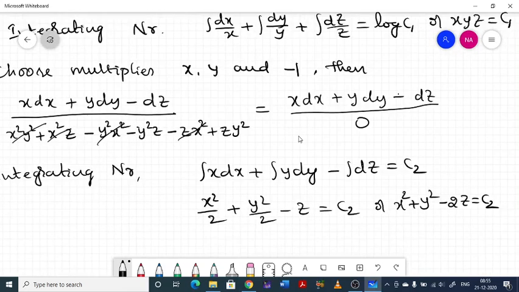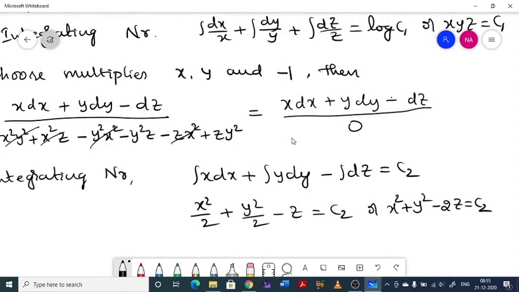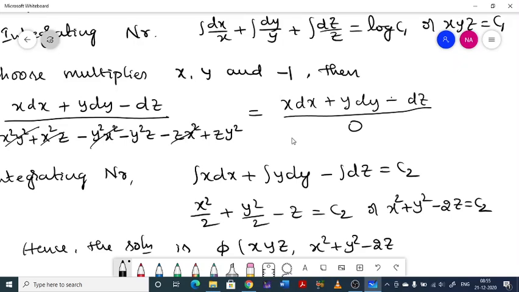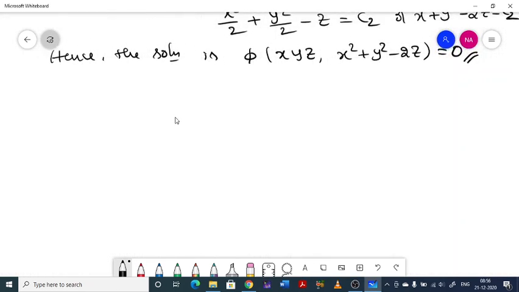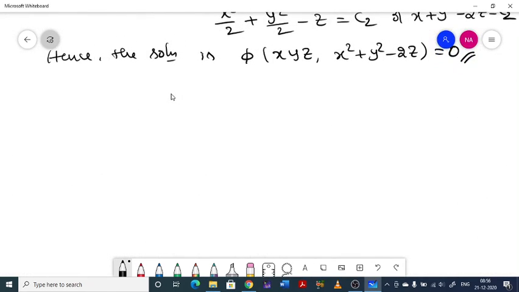So hence the solution is phi of xyz and from this x square plus y square minus 2z equal to 0. So that is the solution. So that completes the solution of that.